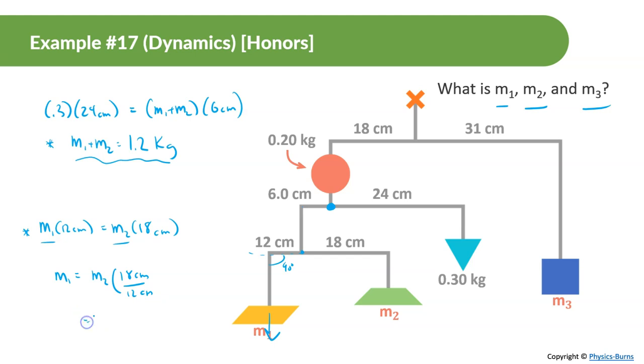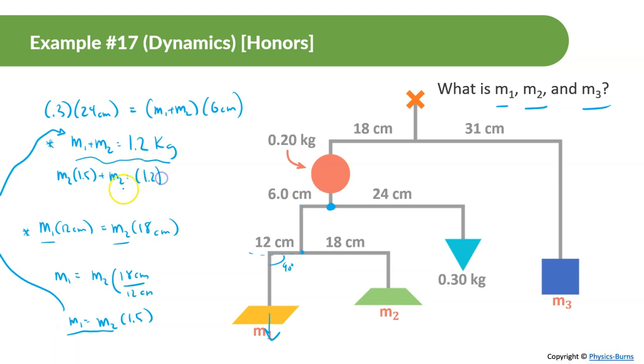And let me simplify that more. 18 divided by 12 is equal to M2 times 1.5. And now I'm going to plug this in over here. So M1, which is M2 times 1.5, plus M2 is equal to 1.2 kilograms.